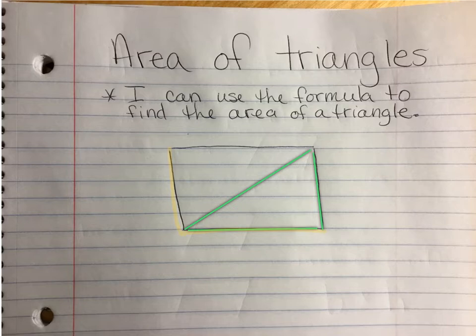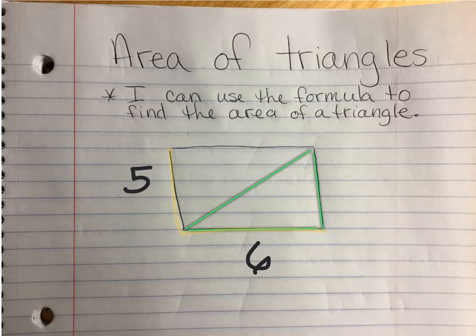So let's say that the length of this rectangle was 5 and the width of this rectangle was 6. Okay, so how is that going to help me find the area of a triangle? Well, if you notice, we cut it in half. So my area for this triangle is going to be half of what it would have been for this rectangle. Well, what's the area of the rectangle?